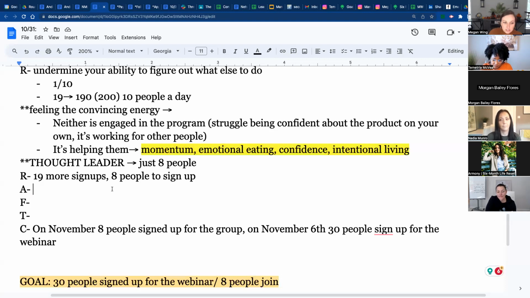So what would it be, if we were just thinking pure alignment, what would you need to do to make this happen? I mean, I've reached out on previous webinars to some people on Instagram to share it to their stories. So I could do that.